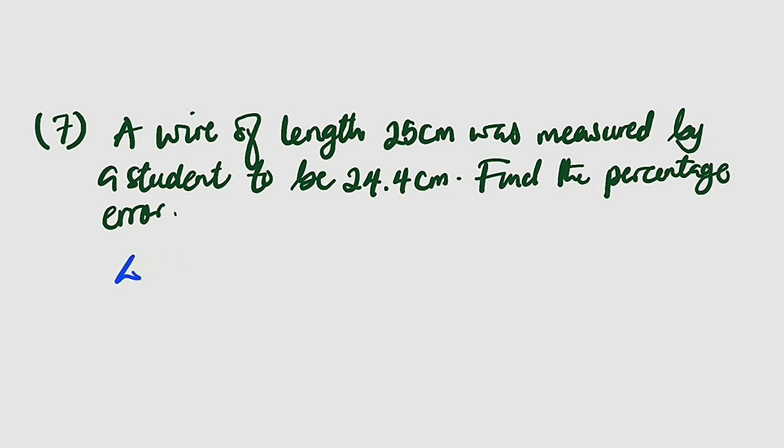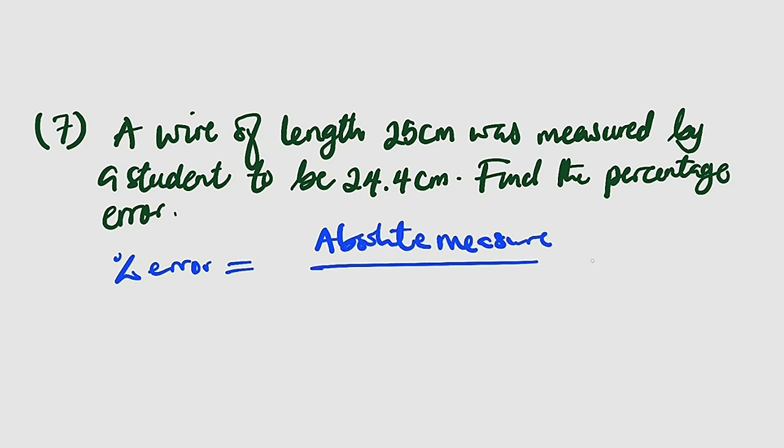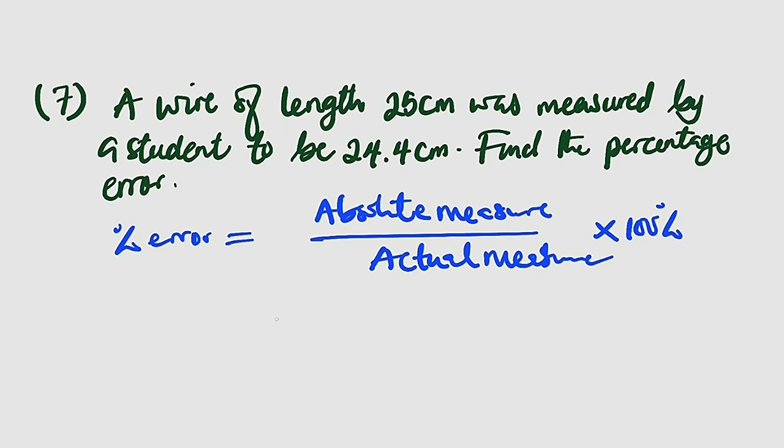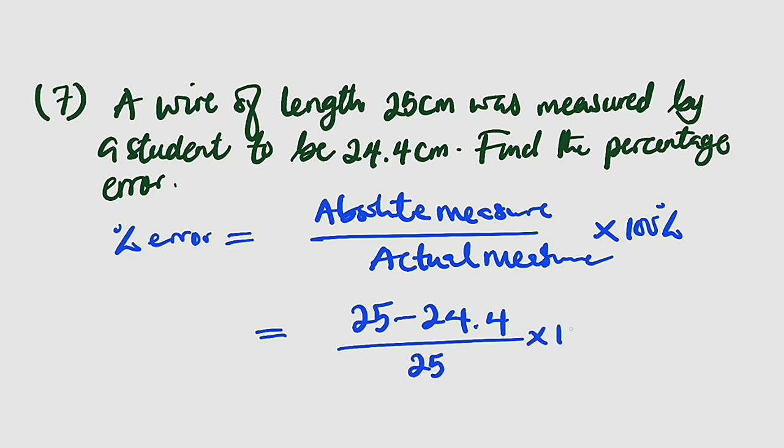So remember that percentage error is equal to the absolute error divided by the actual measure, multiplied by 100%. So the absolute error is just the difference between the two measurements. We have 25 minus 24.4, then divide by the actual measure, which is 25, then you multiply by 100%.